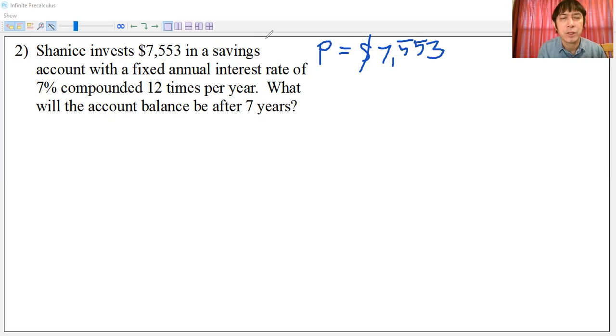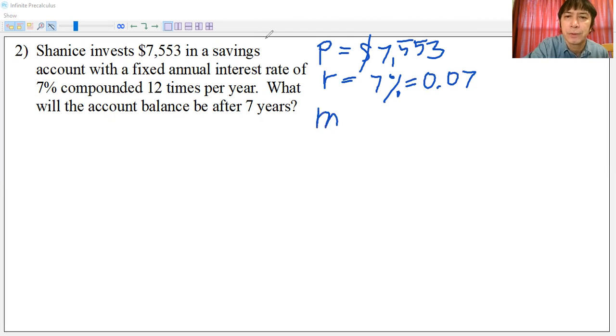Fixed annual interest rate, that's r, that's 7%, and in decimal, that's 0.07. Number of compounding periods, that'll be 12. What will the account balance be after 7 years? So time is 7 years.